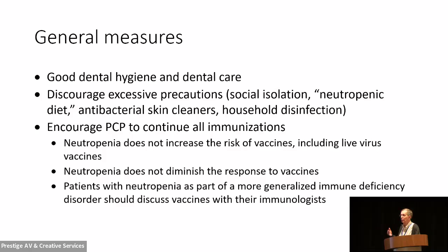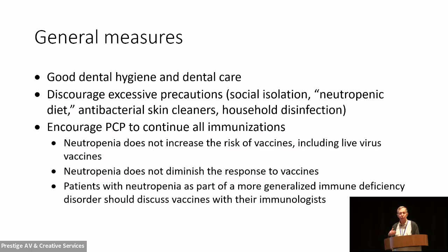Very important, encourage primary care physicians to continue all immunizations. I often encounter pediatricians who confuse neutropenia with other forms of immune deficiency where a live virus vaccine can be dangerous. Recombinant or killed virus vaccines are still safe for everybody.